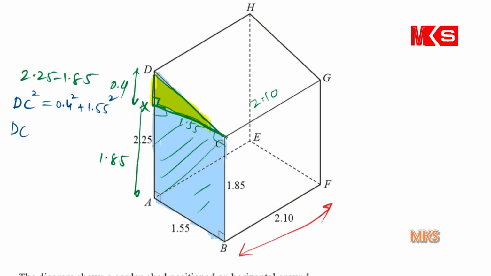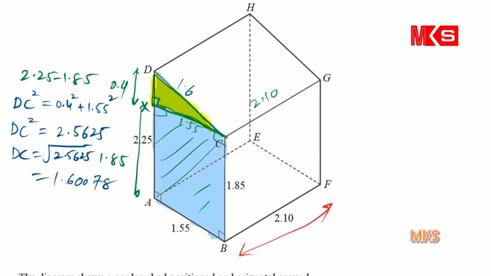So DC square is 2.5625, and DC will be the square root of 2.5625, which is 1.60078. So I am just keeping the same answer that's displayed on the calculator.